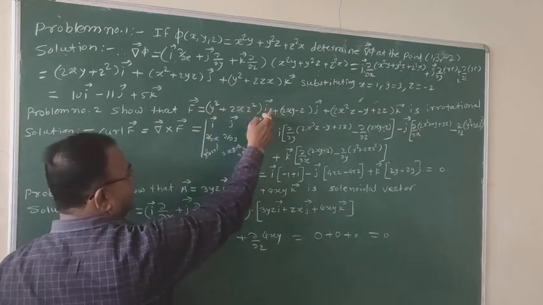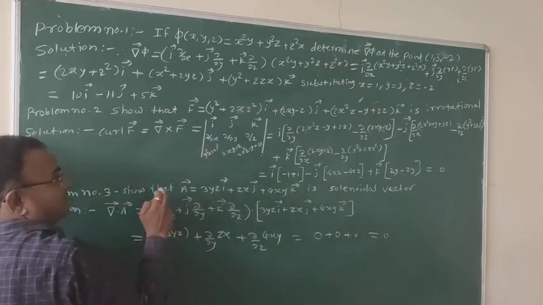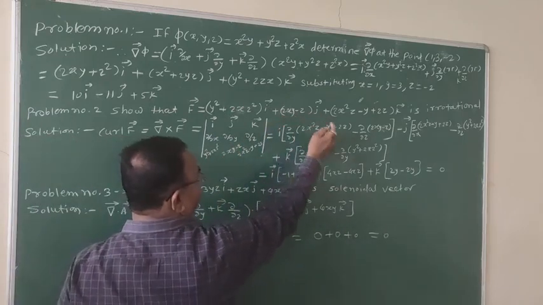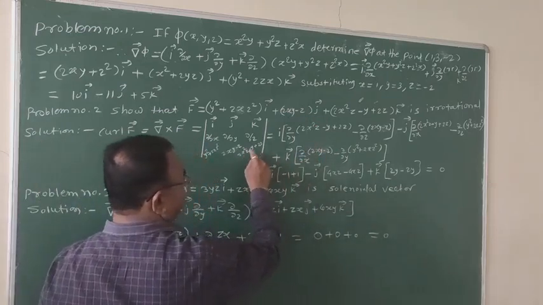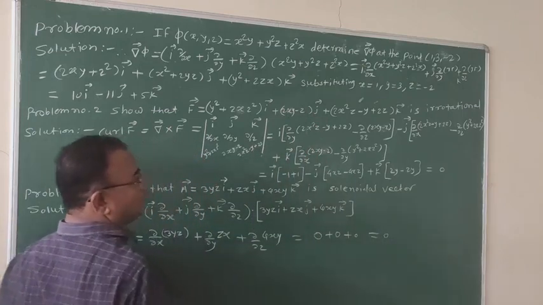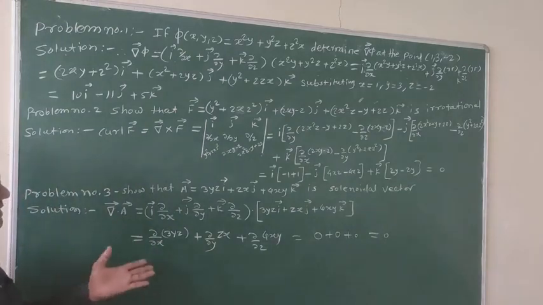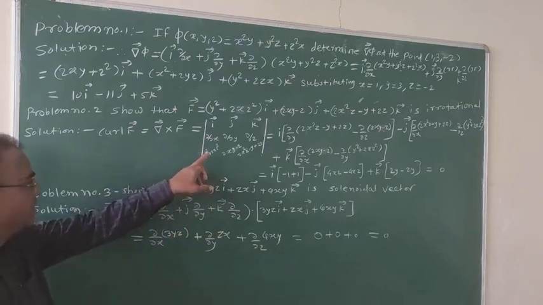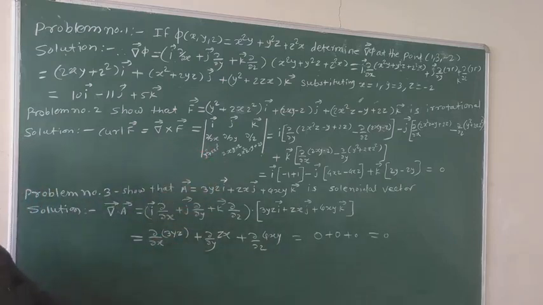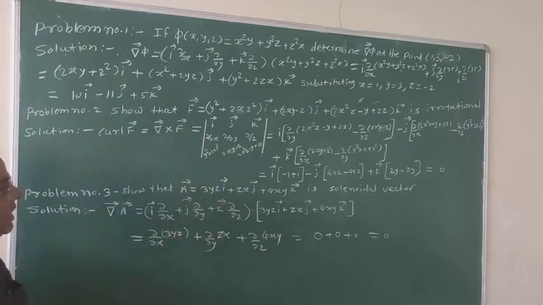Here fx is equal to y square plus 2xz square, fy is 2xy minus z, and fz is 2x square z minus y plus 2z. That means the components of that vector along the x, y, and z directions are substituted here in row number 3. Then, using the concept of determinant, we want to solve this determinant.